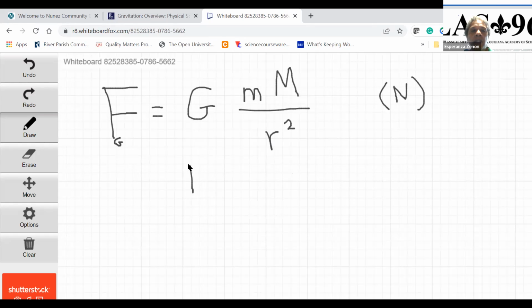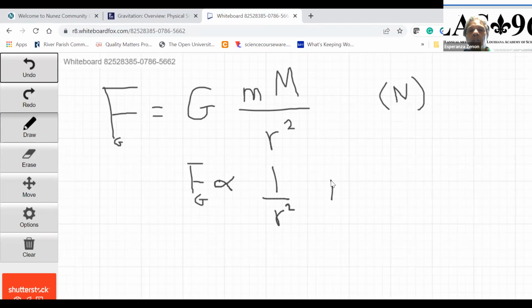So this F of G, you can look at it this way, is proportional to 1 over R squared. Okay.